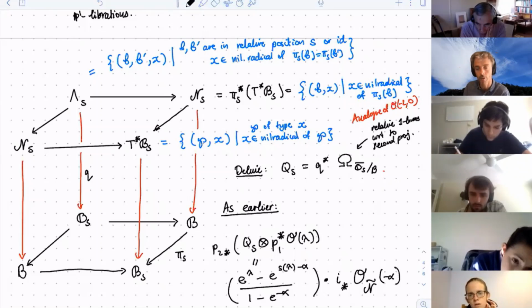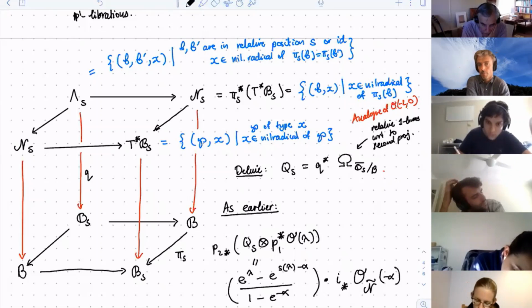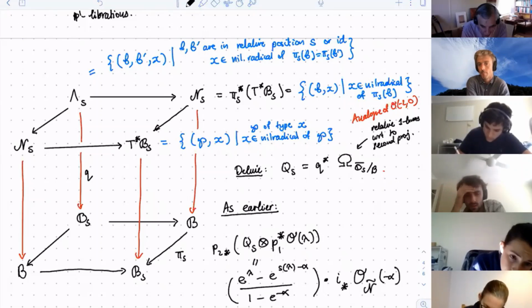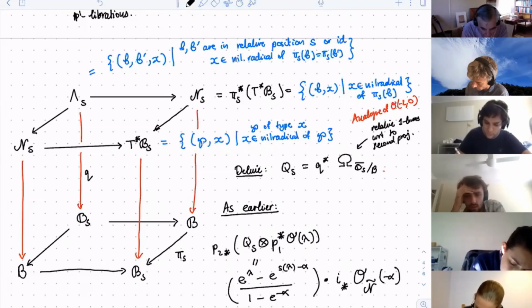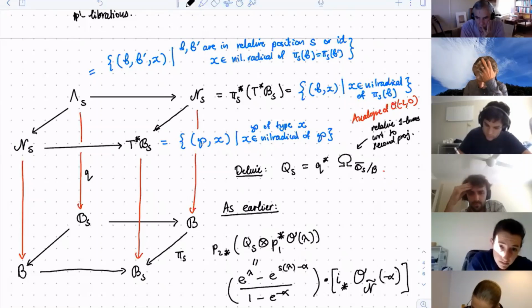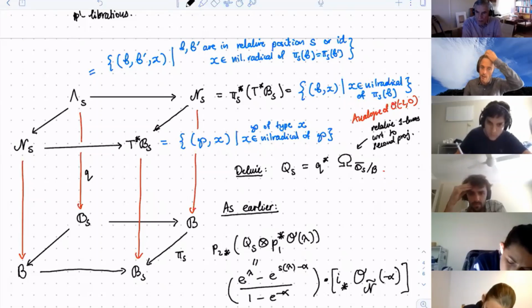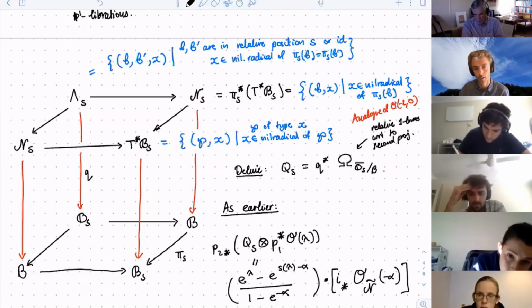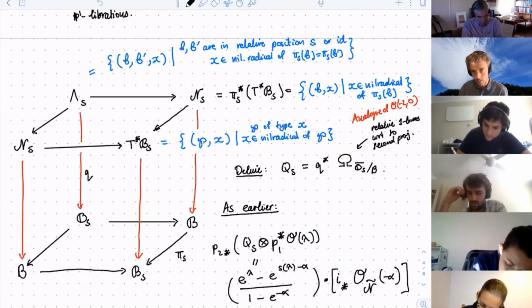So here we had minus 2, now we get minus alpha. And if you can do the exercise from before, then this is essentially the same calculation.